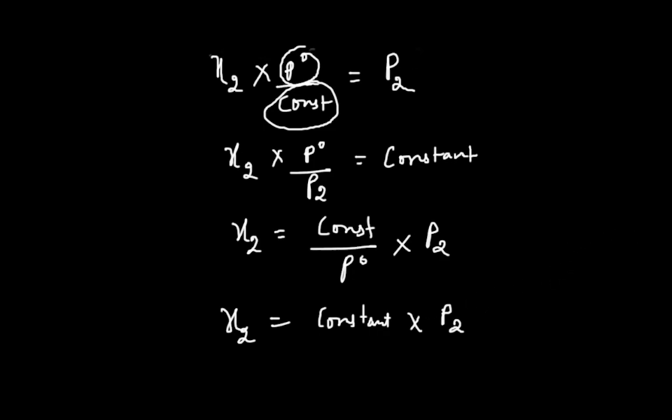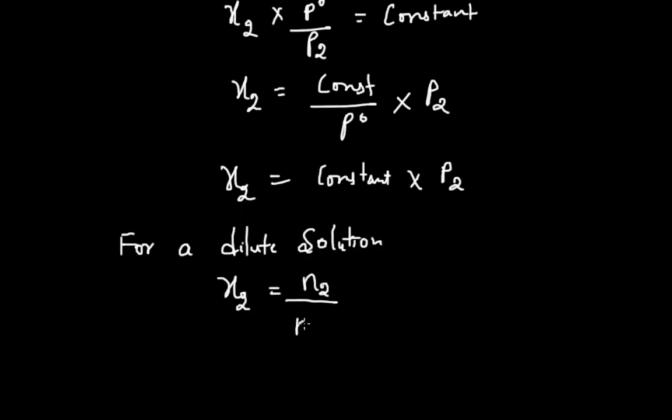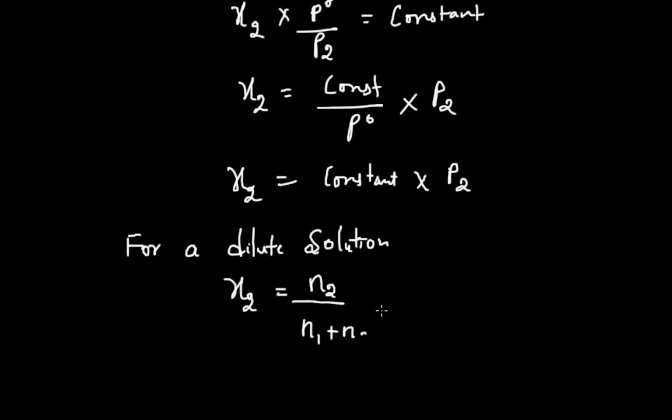For a dilute solution, x2 is equal to n2 divided by n1 plus n2. For a dilute solution, n2 is negligible compared to n1, so it is n2 divided by n1.